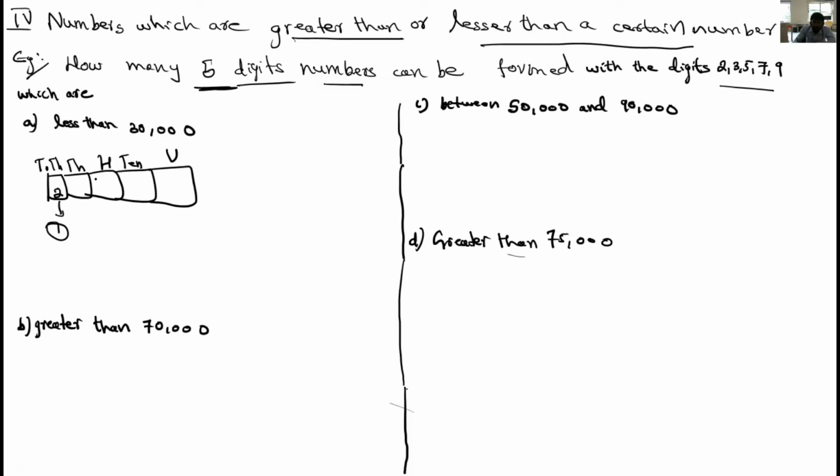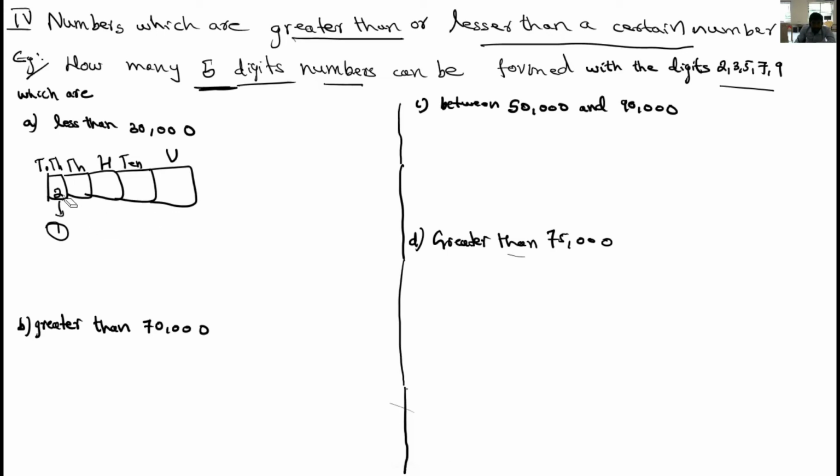Then see, suppose you are taking 3, 5, 7, 9. Then also you will get 23,000-something, that is less than 30,000. If you use 9 here and 3 here, the maximum value you will get is 29,000-something. That is clearly less than 30,000, right?